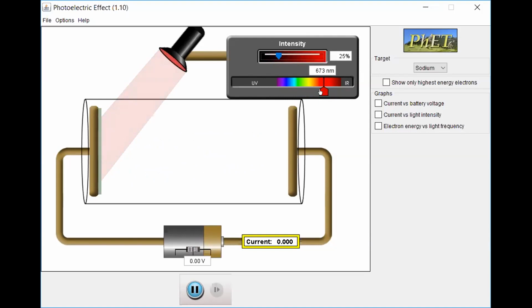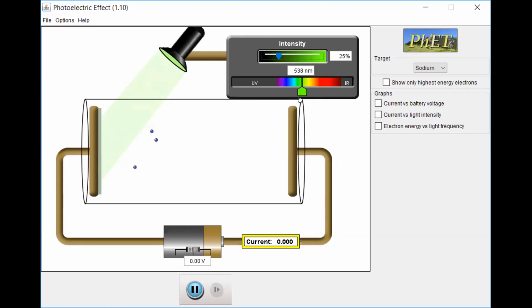It doesn't matter if I turn the intensity all the way up, still no electrons are ejected. Let me get the intensity back down to 25%, and I can start increasing the frequency, decreasing the wavelength of the light. As I do that, there will come a point where we will start to see electrons ejected.